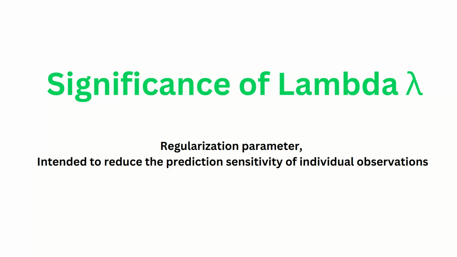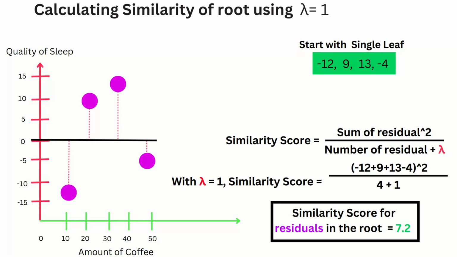Lambda is a regularization parameter, which is intended to reduce the prediction sensitivity to each observation. For better understanding with an example, let's build a tree just like before, but using lambda equal to 1 instead of 0. Then we calculate the similarity score of the root using lambda equal to 1.